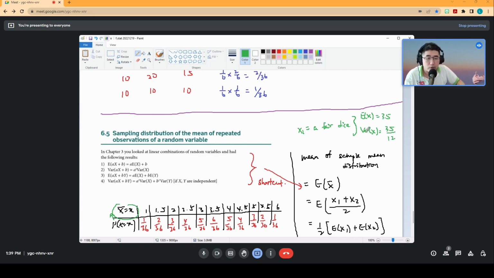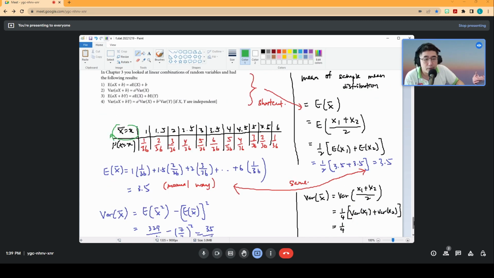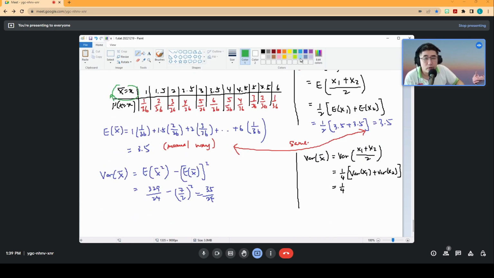I'm trying to recall this from the S1 formula. So I have 35 over 12 plus 35 over 12, over 4, which is 35 over 24. You see, I got the correct answer.